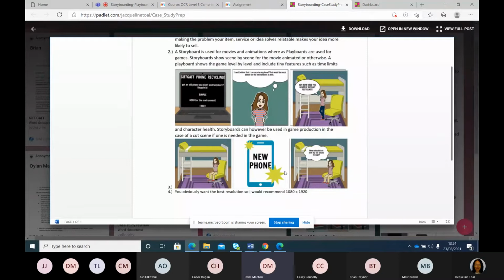So she gets a new phone, and she's looking up online, like, where's the nearest place I can dump this, or where can I throw this out? And then she sees the Gift Gaff phone recycling thing, and she's like, oh, I can recycle this and it would be a lot better, and she goes and tells her family, kind of thing.